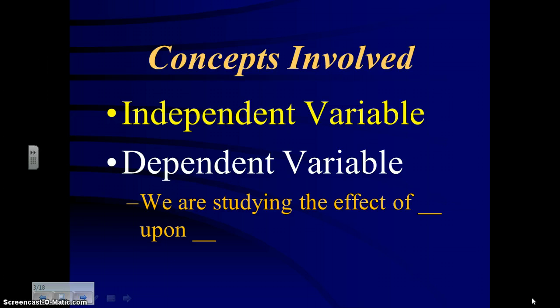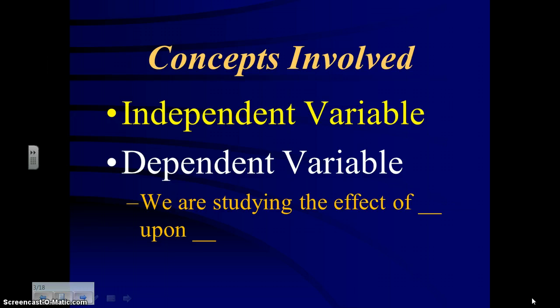Okay, let's take another example hypothesis. An increase in violence on television will result in an increase in violent crime within America. Now that's a prediction. If we fill in the blanks here, we are studying the effect of blank upon blank.